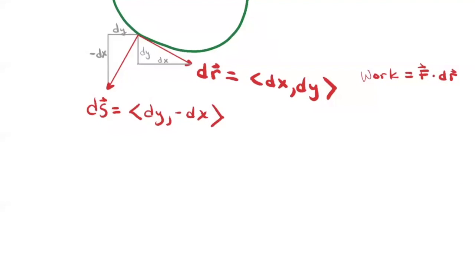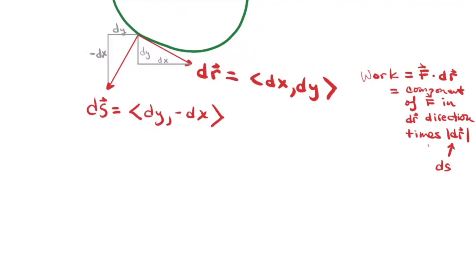What this is, it's the component of F that points in the dr direction times the length of dr, which is called ds, by the way.